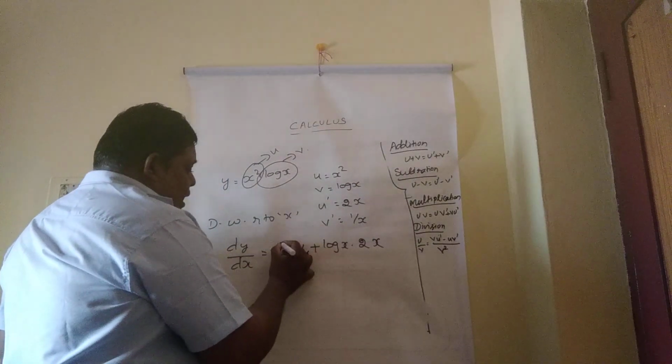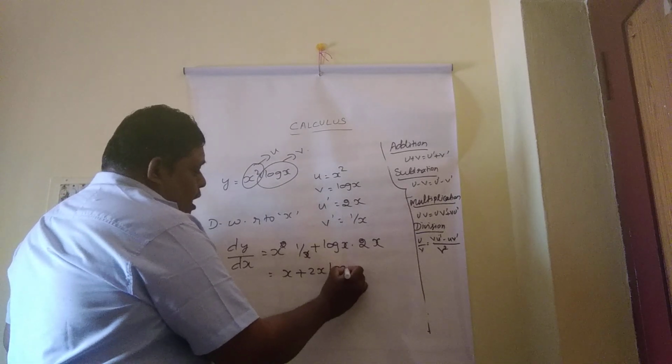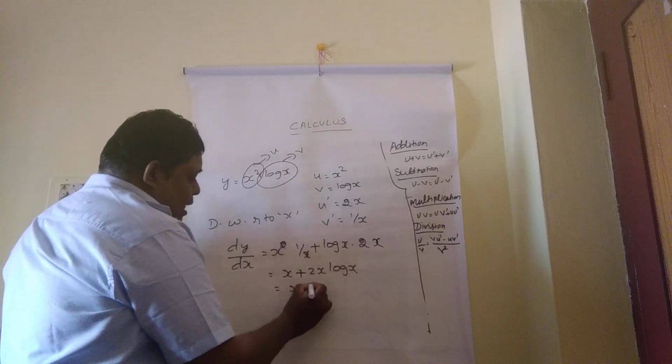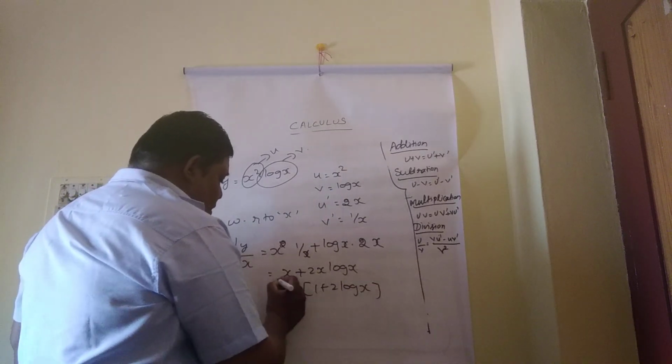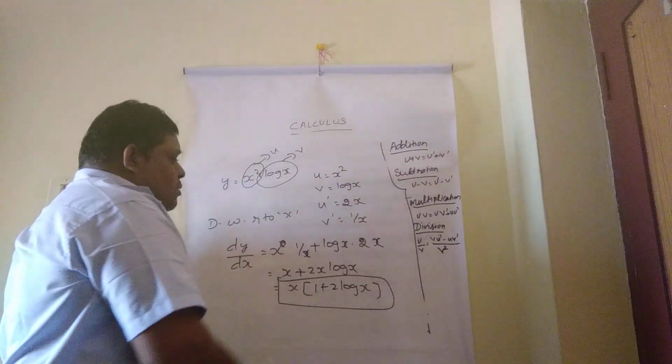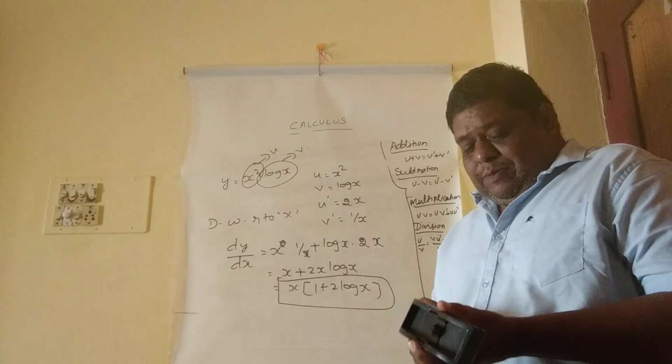Here x and x squared will be cancelled, so we get x plus 2x log x. The common term is x, take it out. So 1 plus 2 log x is the answer. This is the multiplication function example.